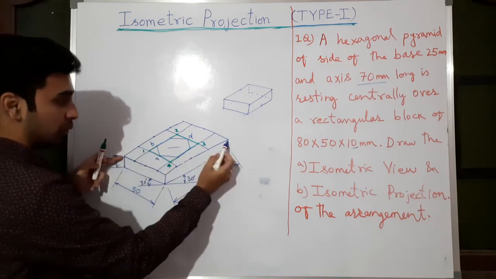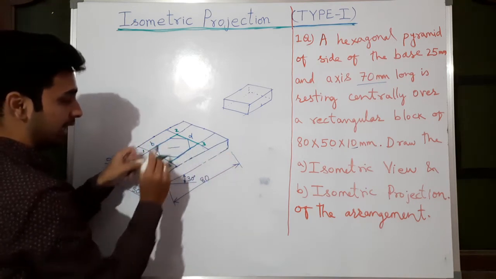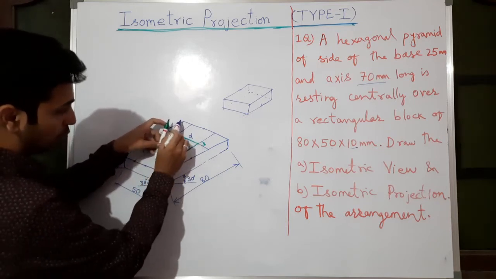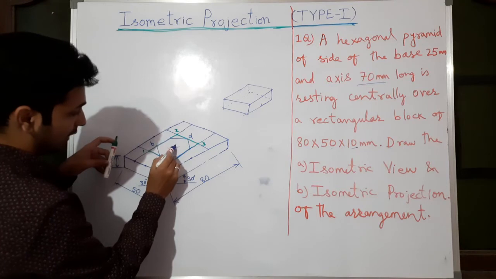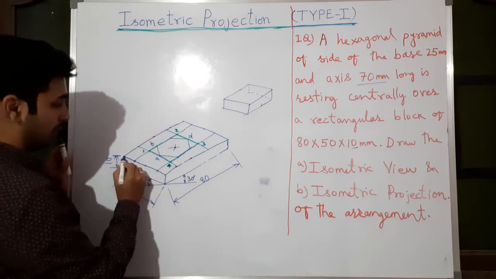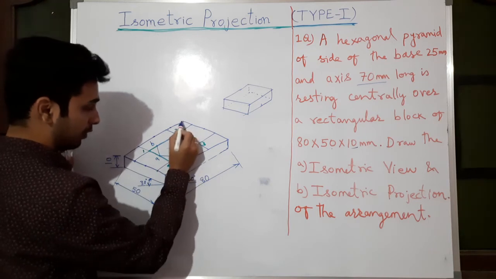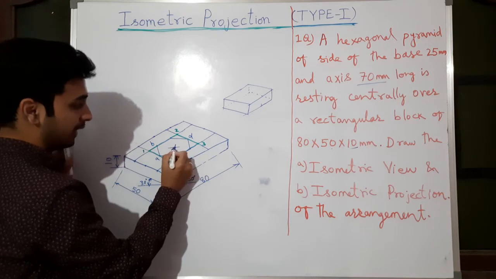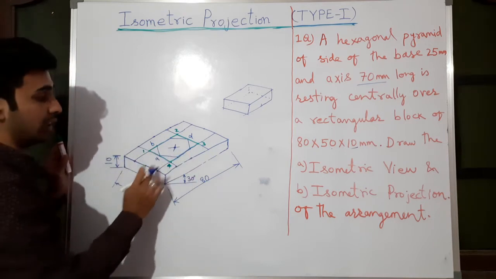Don't join from this end to this end, just keep the scale and draw a small line here, and keep the scale here and here, align these 2 points and draw another line like this. So like that we will get the center of this hexagon. This is the way to locate the center.